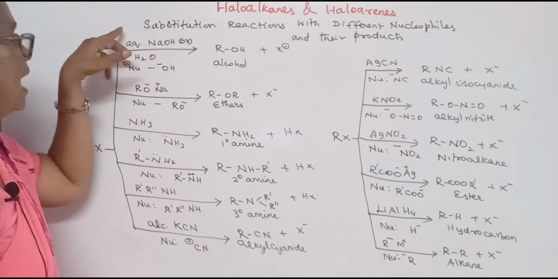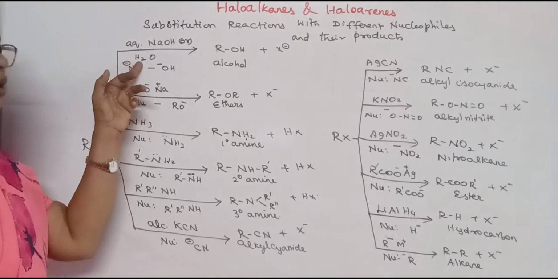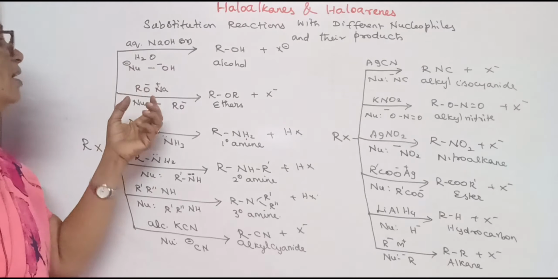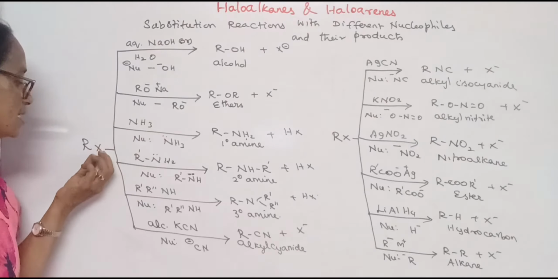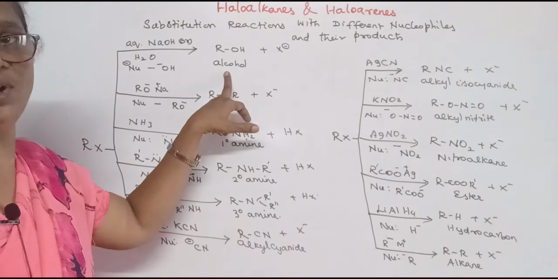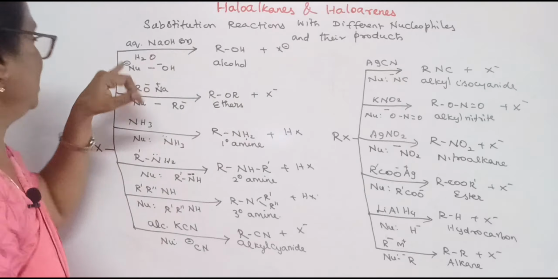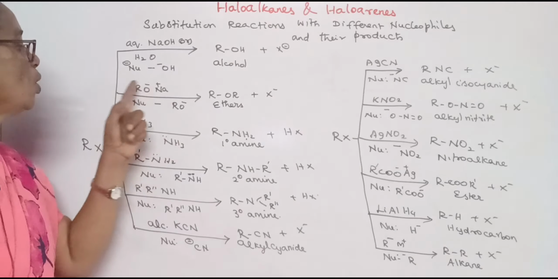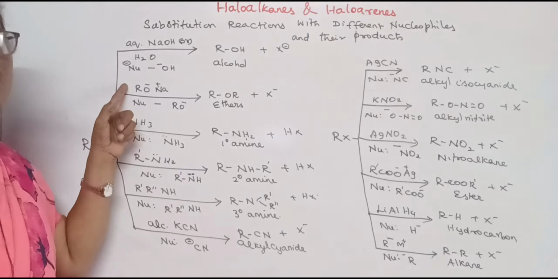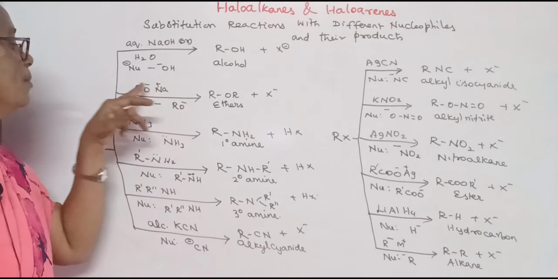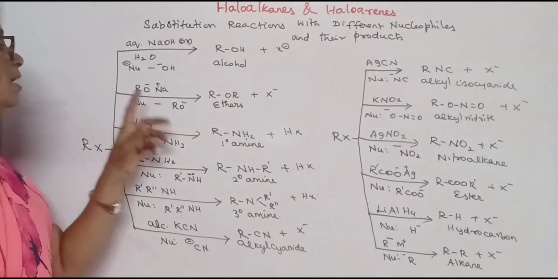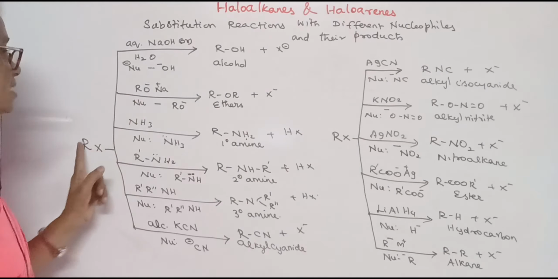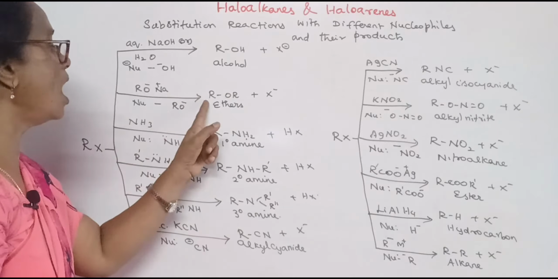So, when aqueous NaOH or neutral water is taken as nucleophile, the OH replaces the halide, so alcohol will be the product. Instead of alcohol or water, if we take the sodium salt of alcohol, it is said to be sodium alkoxide, where the alkoxy group becomes the nucleophile and hence we get the product ROR.